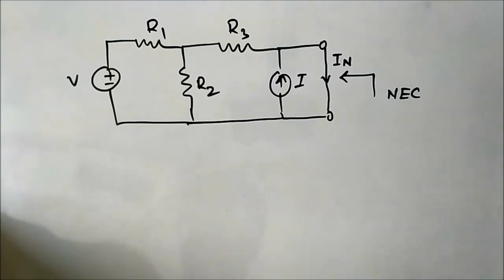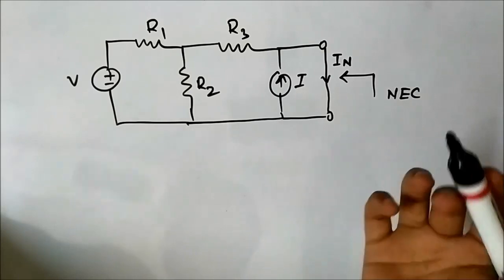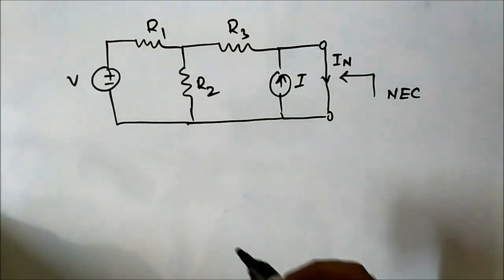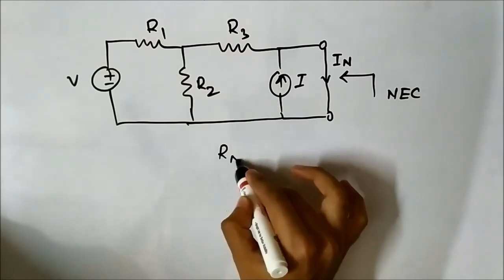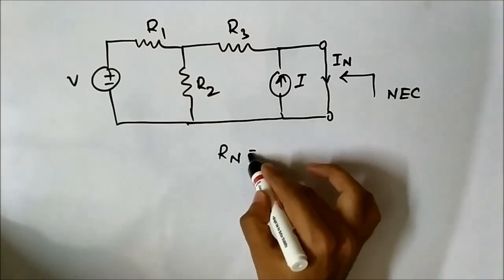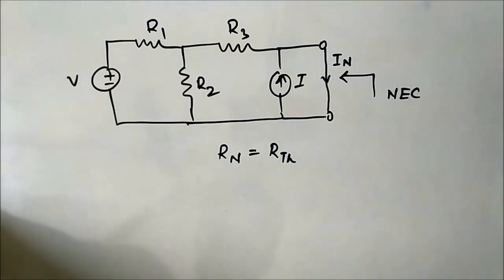Then we have to determine the equivalent resistance, which is the same thing that we did in the Thevenin equivalent circuit. So the Norton resistance, the equivalent resistance, is the same as the Thevenin equivalent resistance.